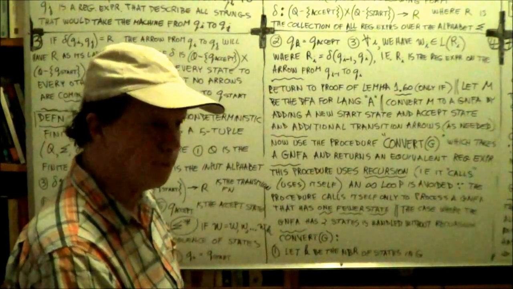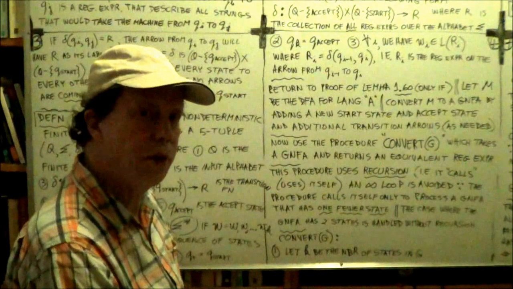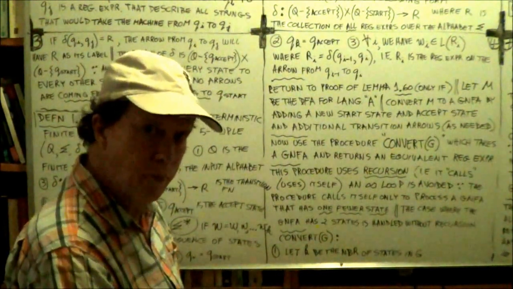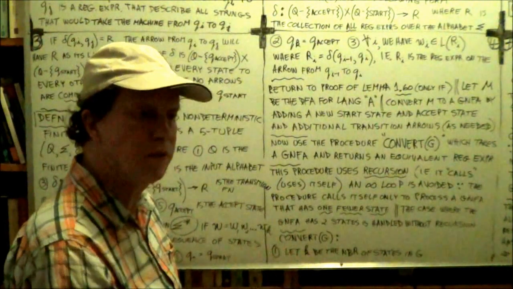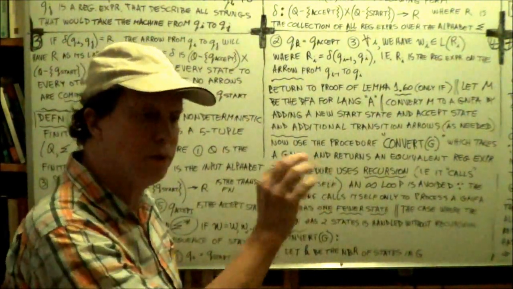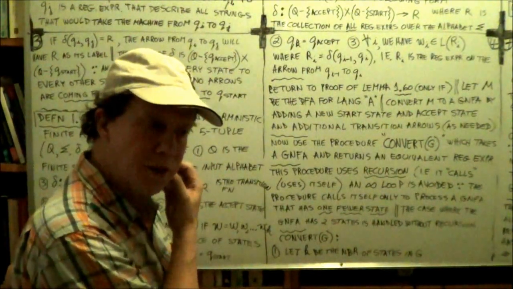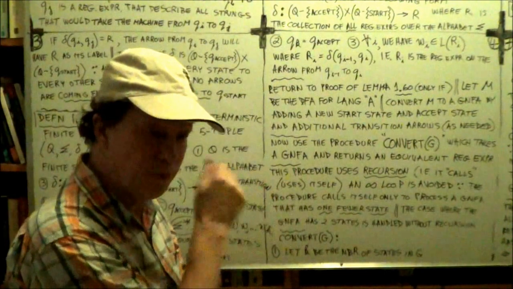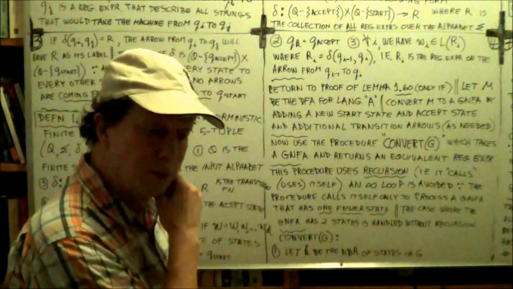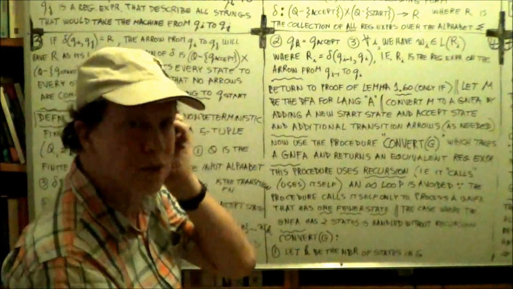Then we have to convert the DFA into a GNFA, and you do that. That's fairly easy, that's not difficult. You add your extra start state, you add your extra accept state, you make those connections with null set labels, and all the nitty-gritty details that we described last time.